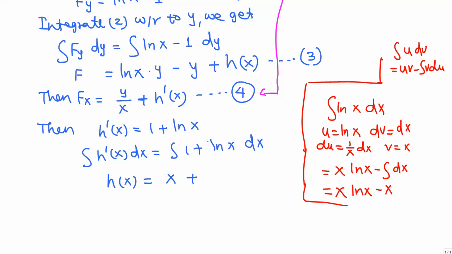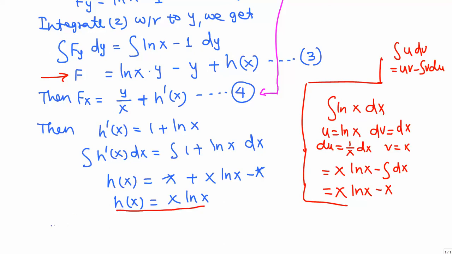So the antiderivative of natural log of x is x natural log of x minus x, plus a constant. This constant will be absorbed later when we write down the solution F equals c, so we don't need it, or you can write c if you like. That means h(x) equals x plus x natural log of x minus x, we can cancel, so x natural log of x. So our function f is here, and we just figured out h.